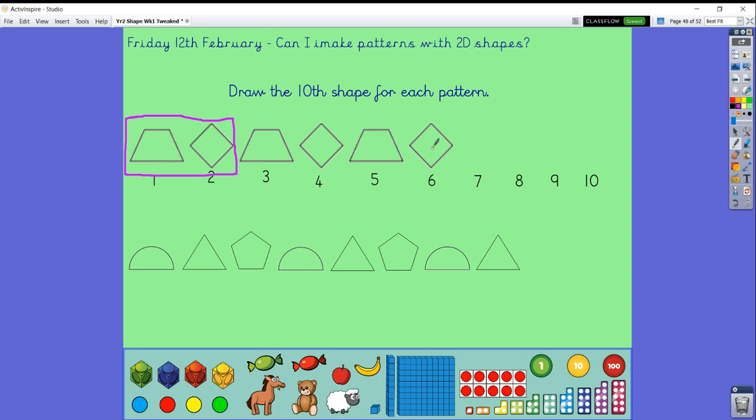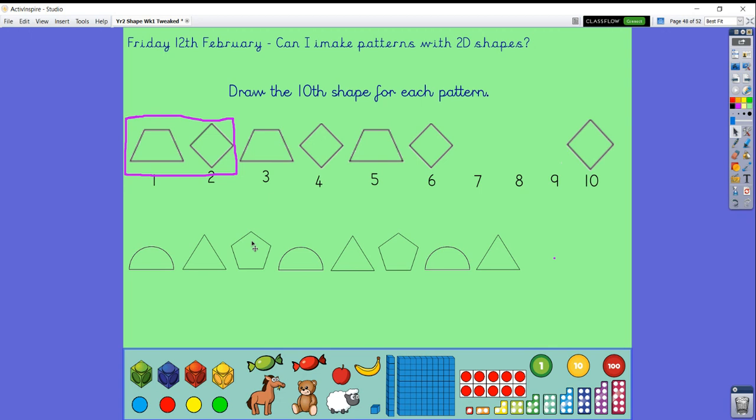Trapezium, square, trapezium, square, trapezium, square. So I'm just going to borrow my tool and grab it. And here we go. Here is a square. I've drawn in my 10th shape.